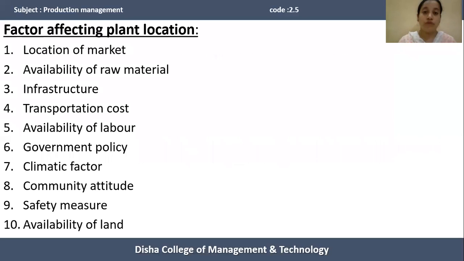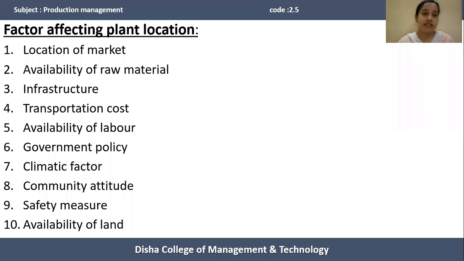Next comes the factors affecting plant location. In this topic we will cover what factors and elements the industrialist or the entrepreneur has to consider while deciding or identifying the location of their plant.